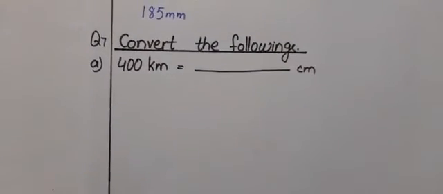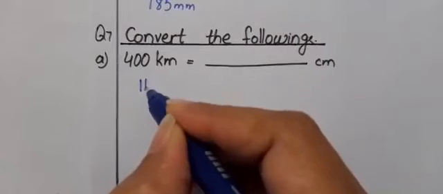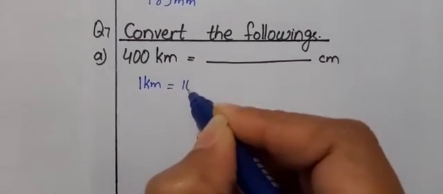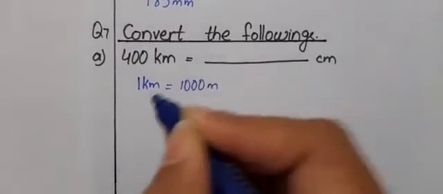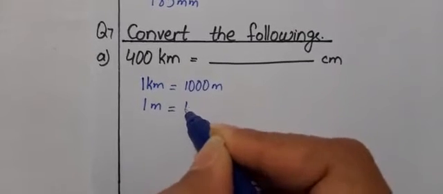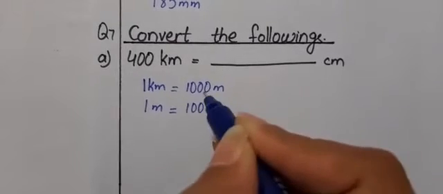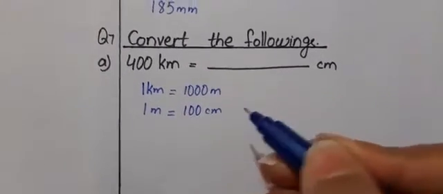To convert kilometers into centimeters, we know 1 kilometer has 1000 meters. Okay, and 1 meter has 100 centimeters. Okay, so it means we have to multiply 400 with 1000 and 100 to convert it into centimeters.